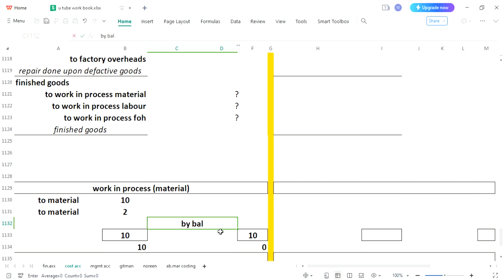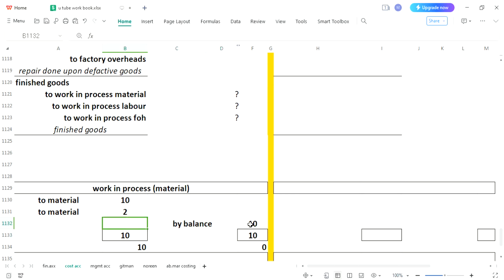As this concept is very basic, I'm going a little slowly. How will you calculate your balance? By subtracting the smaller total from the larger total. Your larger total was 10, smaller total was 0. In this way you have got your balance.